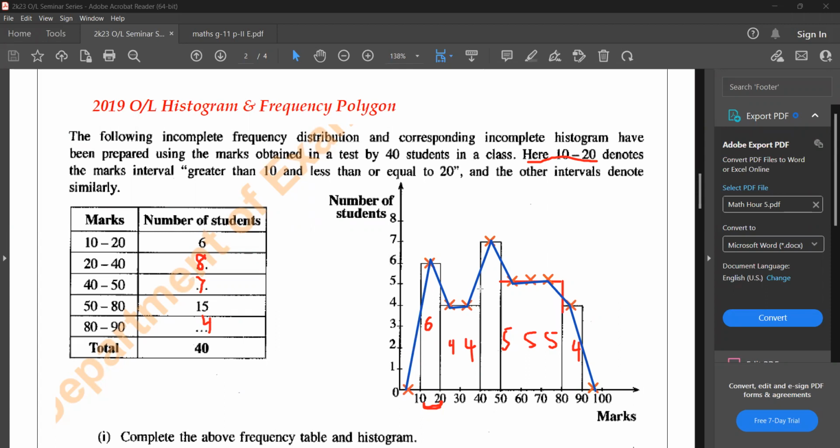Okay, so after the frequency polygon, we have another 15 minutes left. We'll try to cover the quartiles. I'll tell you what a quartile is and let's see.